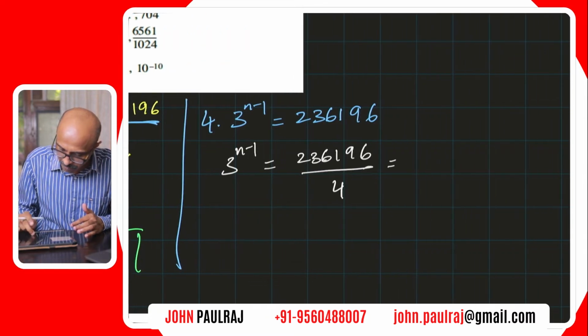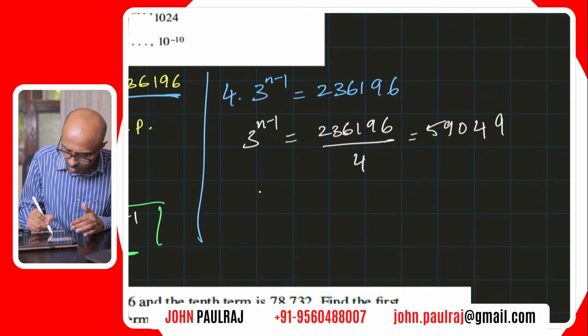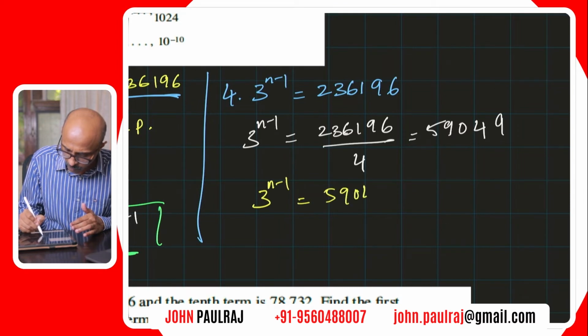That value should be 59049. That means 3 to the power of n minus 1 is equal to 59049.